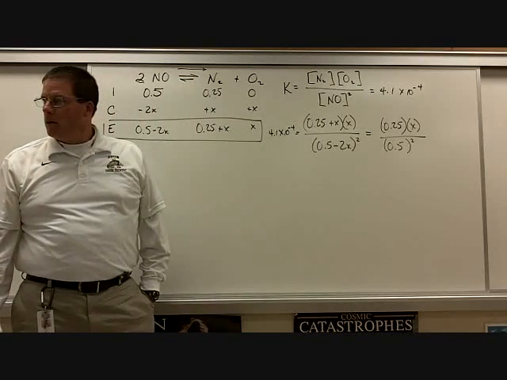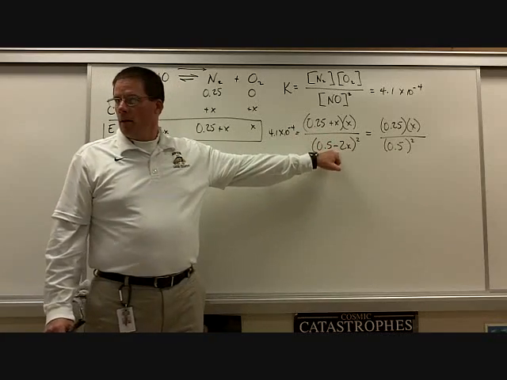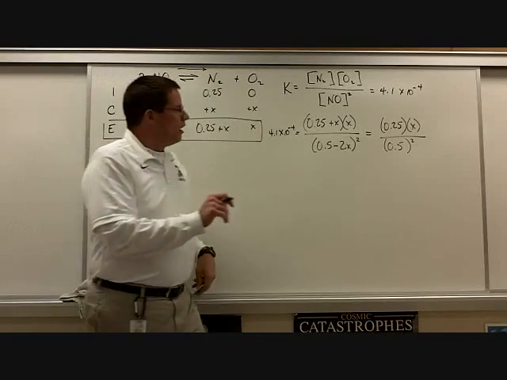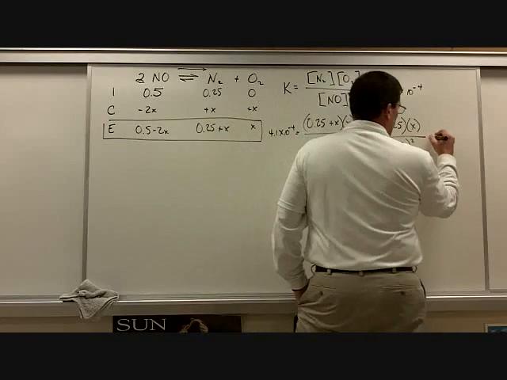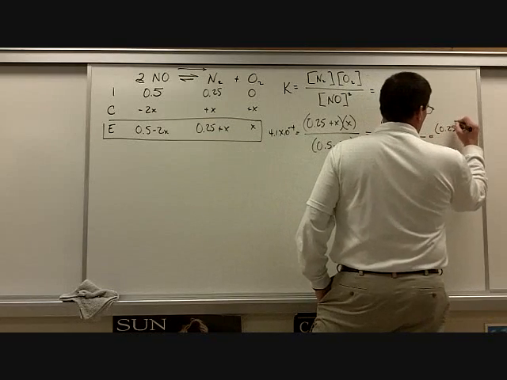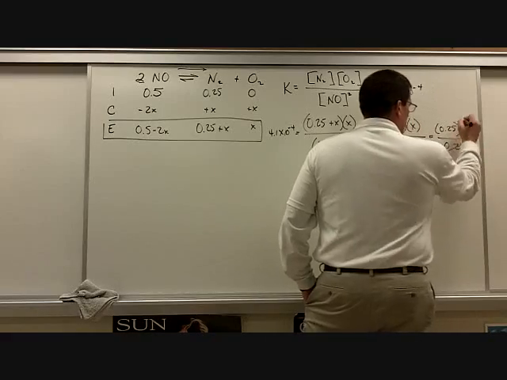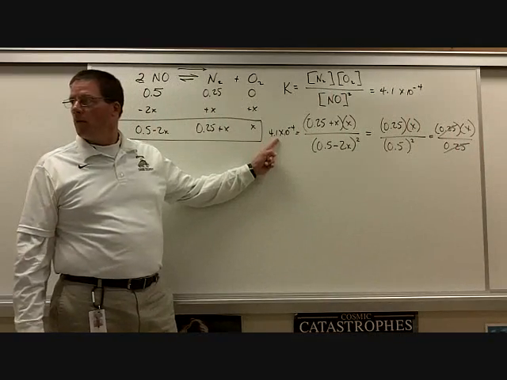You drop both the x's, any x that's added to or subtracted from. Now, I don't need a calculator to solve for this one. What is 0.5 squared again? 0.25. So you've got 0.25 times x over 0.25, so x is equal to 4.1 times 10 to the negative 4.